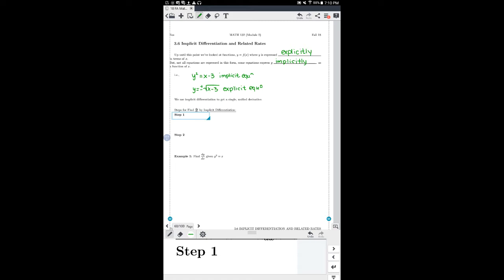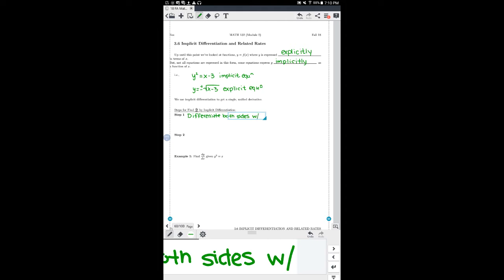The first step for implicit differentiation is simply to differentiate. Take the derivative of both sides. Another word for taking the derivative is differentiate. We're going to differentiate both sides, and the difference now is that we care that it's with respect to x. We've always been taking the derivative with respect to x, but before we didn't have to think about it too much.